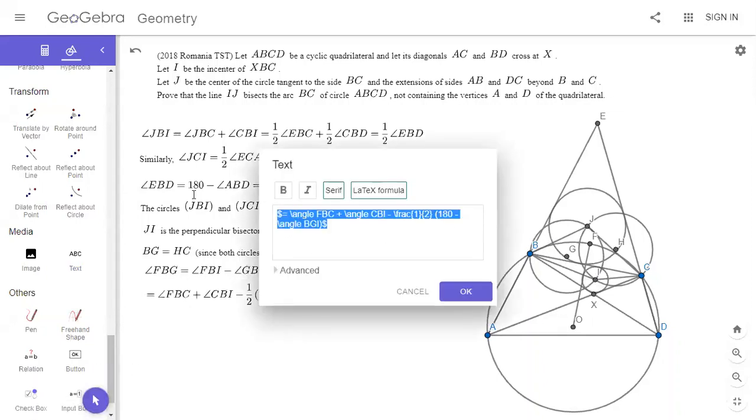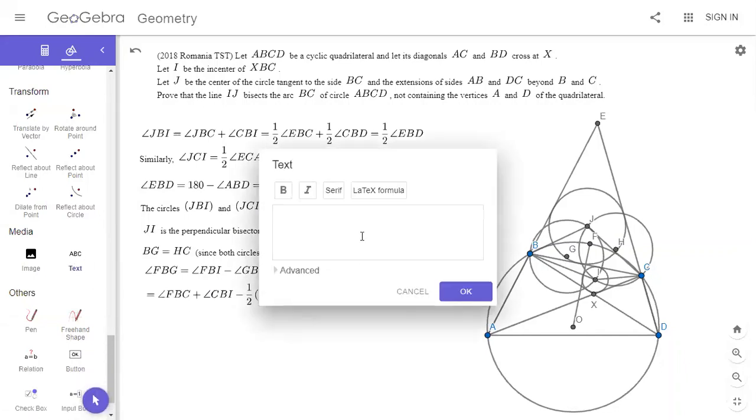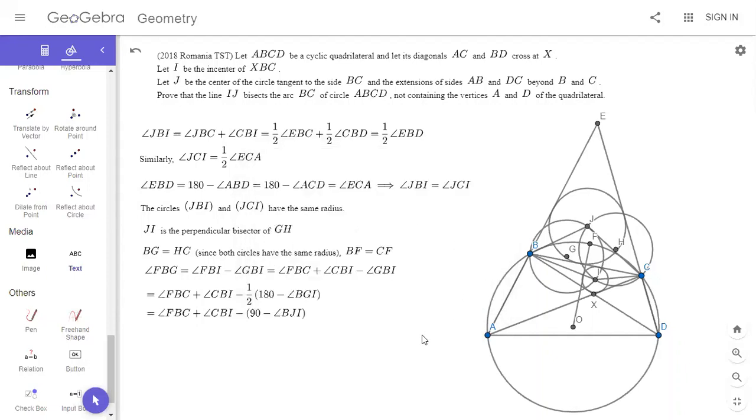So I'll just copy this whole thing. Okay, so then how do we get angle BJI?